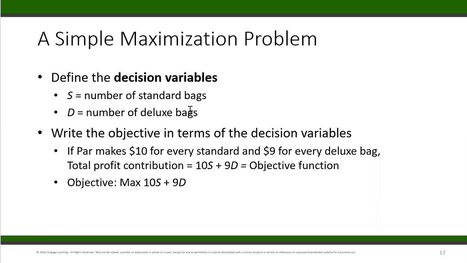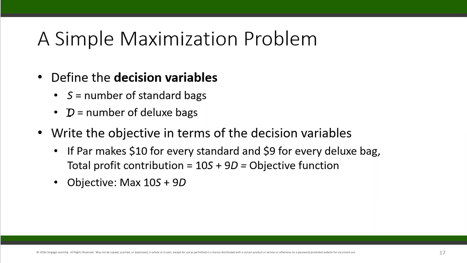For the objective function, we said there's $10 profit contribution for each standard bag and $9 profit contribution for each deluxe bag. So in total, now that we're making S units of standard bag, 10 times S would be the total profit coming from standard bags. $9 for each deluxe bag.